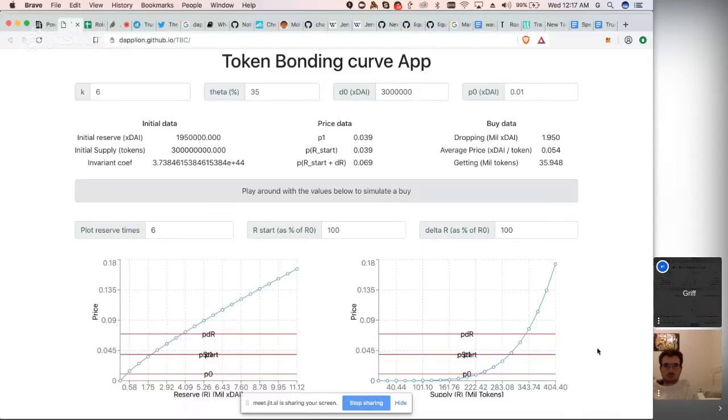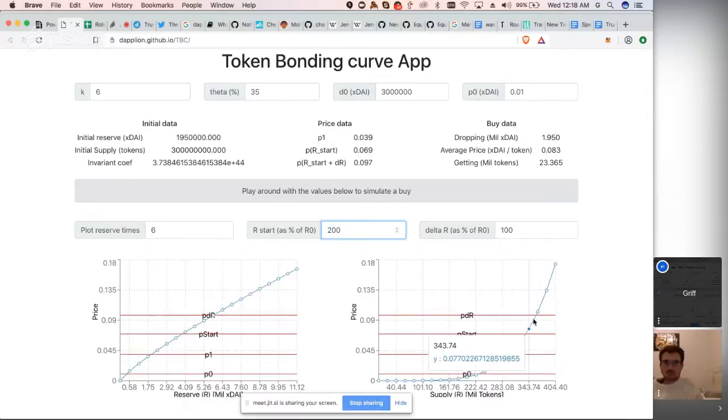So at a lower point in the curve, tokens cost less. So he is getting more tokens for his investment, and therefore the price increases further because he's buying more tokens. Now let's say another investor comes along and purchases that amount again, slightly infeasible, someone putting in 1.95 million DAI.